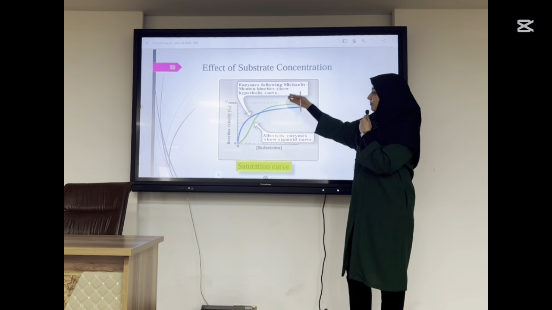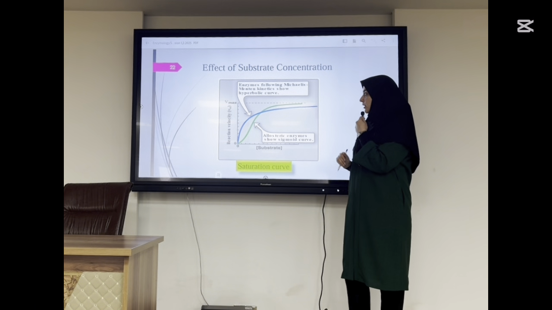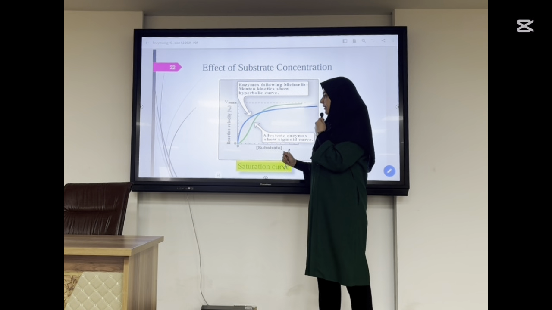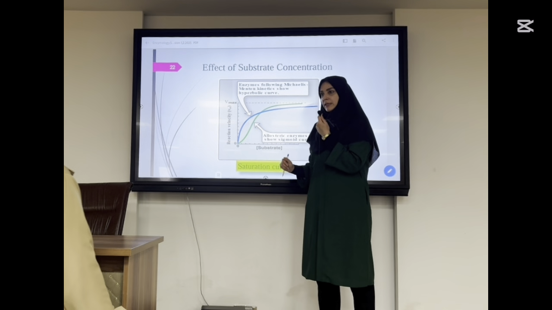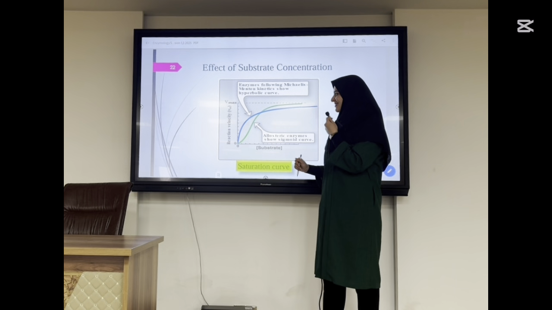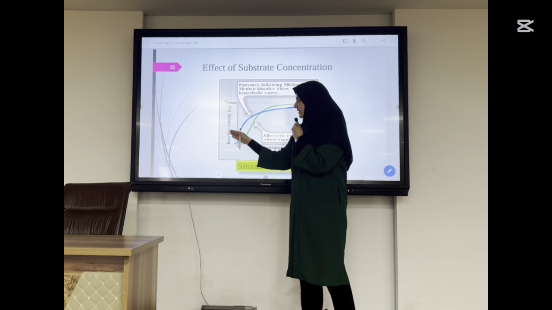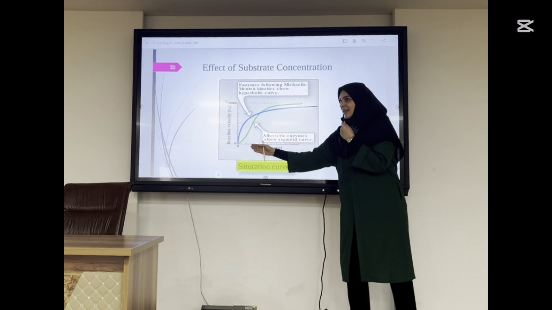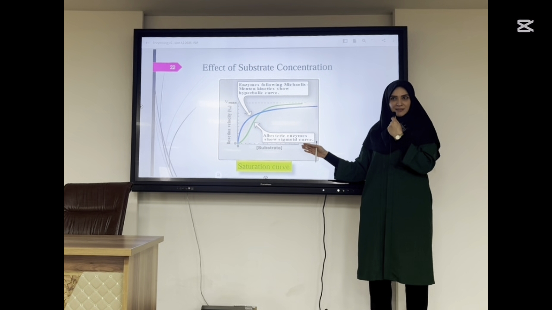This is the effect of substrate concentration on velocity. If I plot velocity of reaction against substrate concentration, are you familiar with this? Okay?